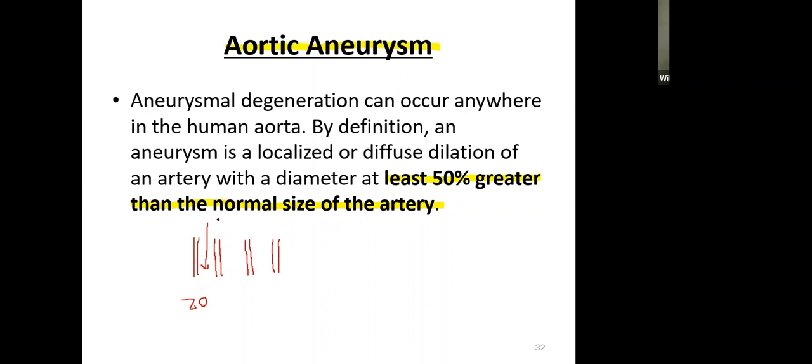And so what happens is over time, from 20 to 30, the pressure just increases exponentially. And as the pressure increases, the diameter also increases. So you get a pressure increase and a diameter increase.